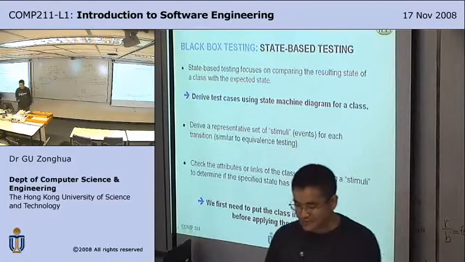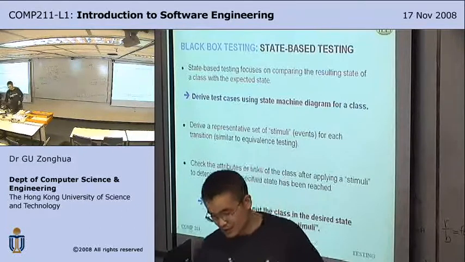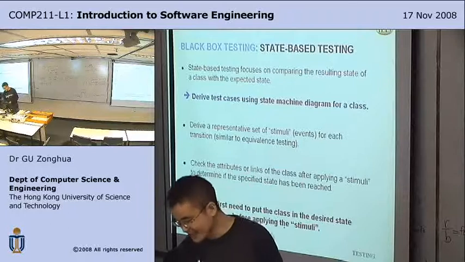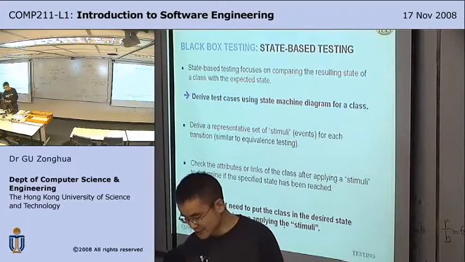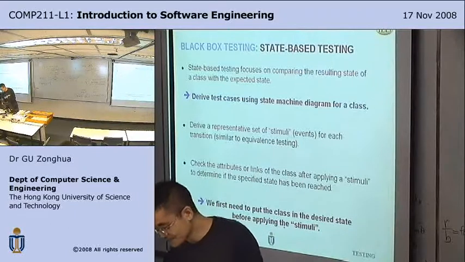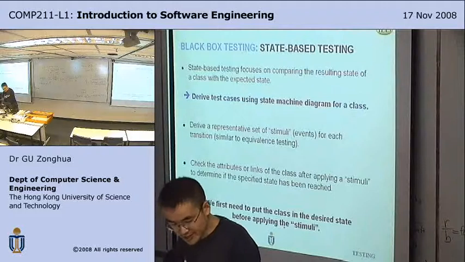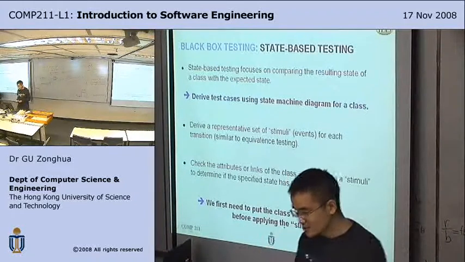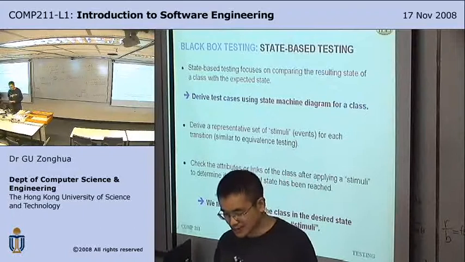So another type of testing is state-based testing, where you compare the resulting state of a class with the expected state. So this typically derives test cases using the state machine diagram for a class.